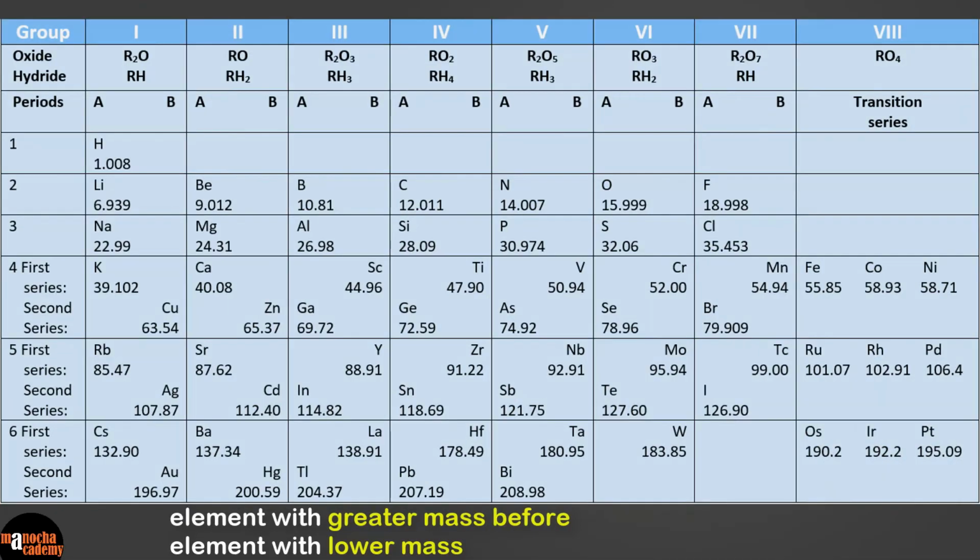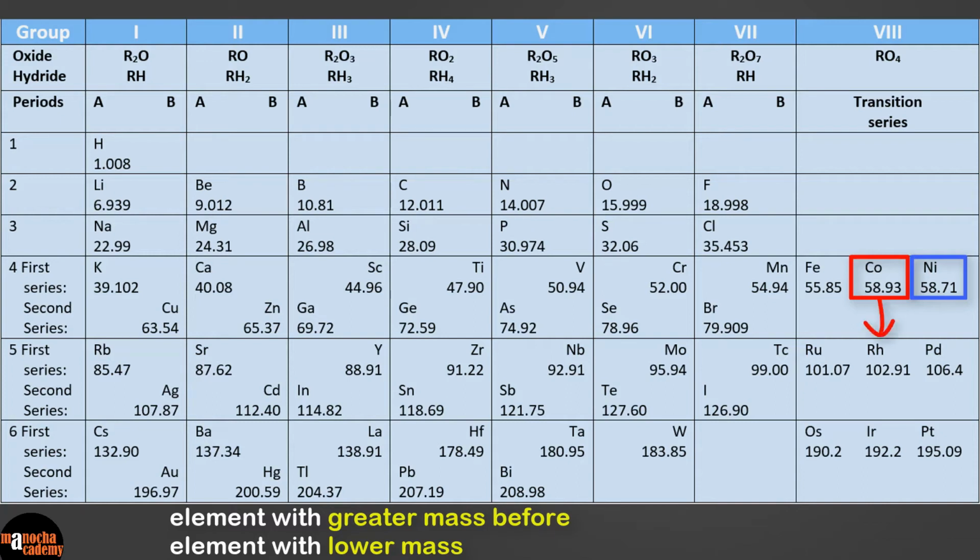In the same manner, if you look at the element cobalt here, Mendeleev placed cobalt a position higher than the element nickel. Although cobalt has a higher atomic mass and should be placed after nickel, he did so in order to keep the elements with similar properties in a single group. Here, cobalt shows properties similar to the elements rhodium and iridium, which are below it.